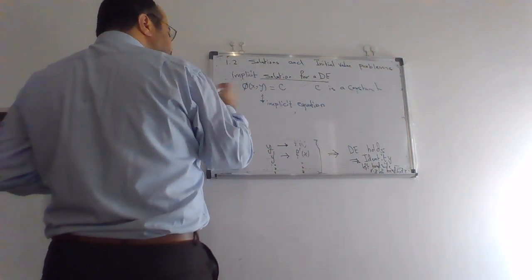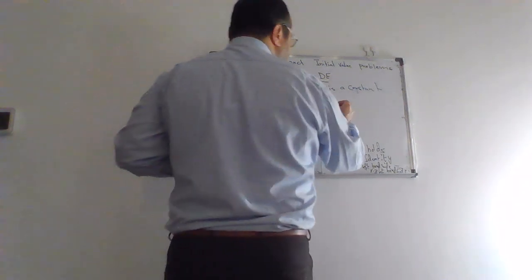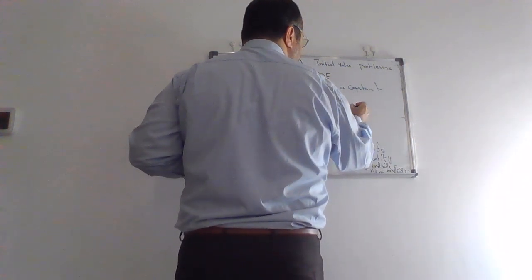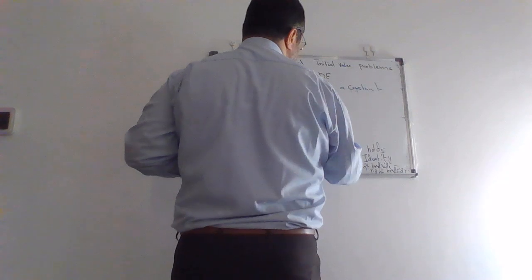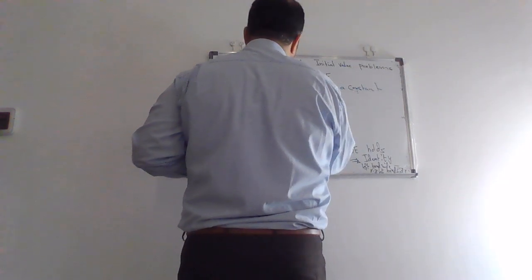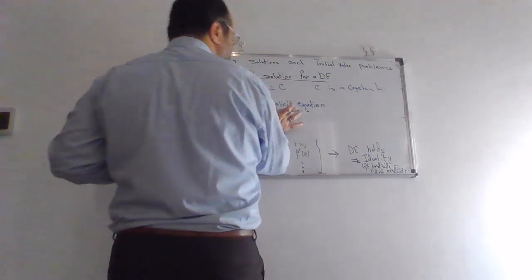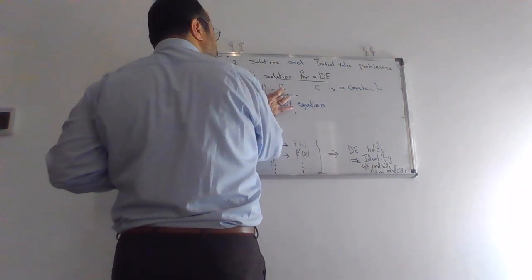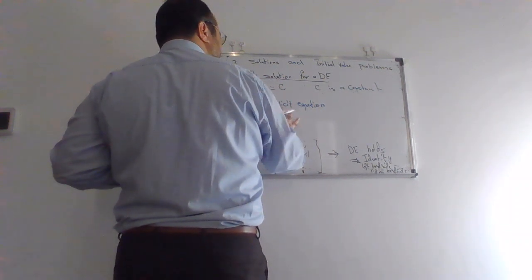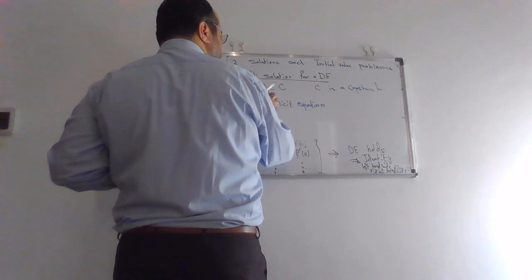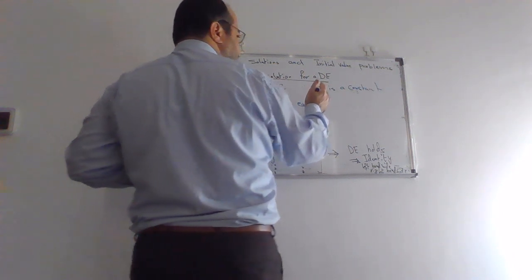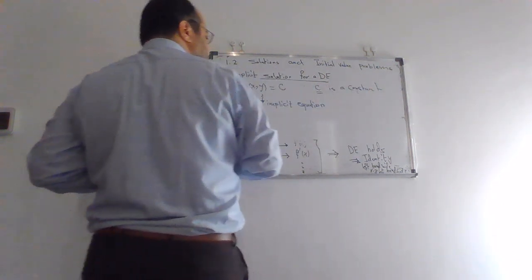Of course, sometimes you may be able to change this to explicit, but let me first focus on implicit. So this is an implicit equation: an expression in y and x equal to a constant. I'm going to tell you the story of this constant later.